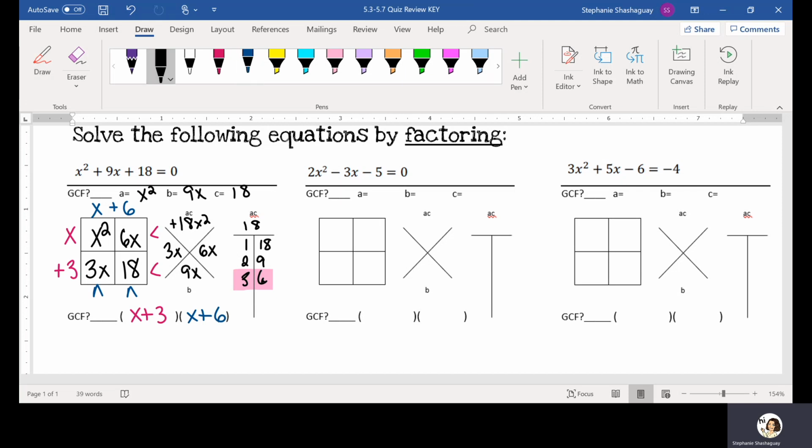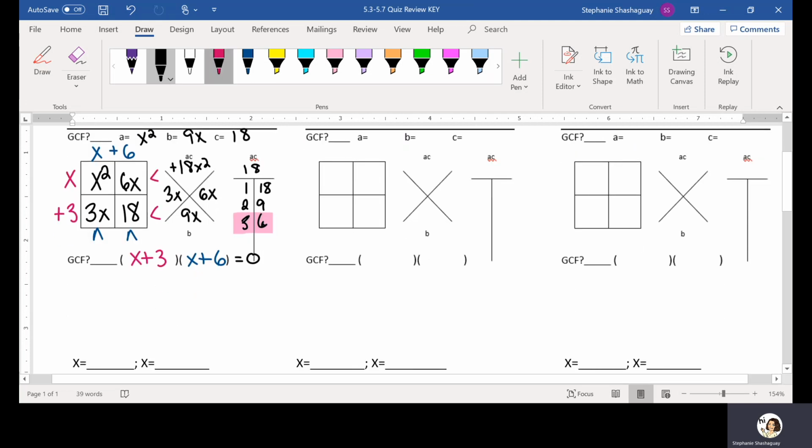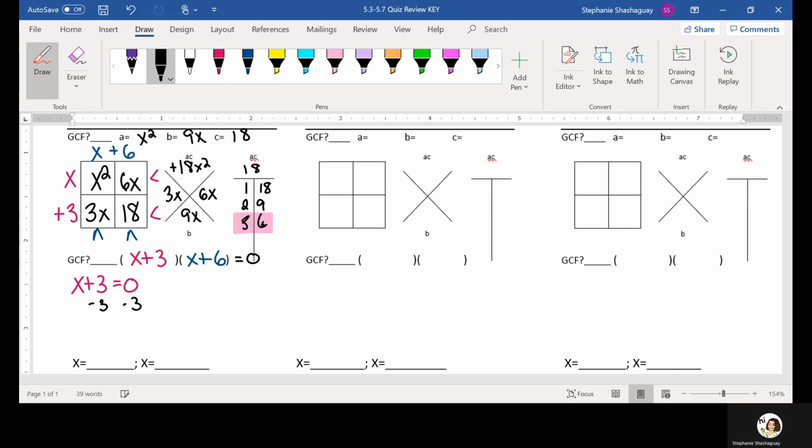Now remember that this equation was equal to 0. So now I can use my zero product property to solve for x. So x plus 3 is equal to 0. I subtract 3 from both sides, and x is equal to a negative 3. So I can fill that answer in below.